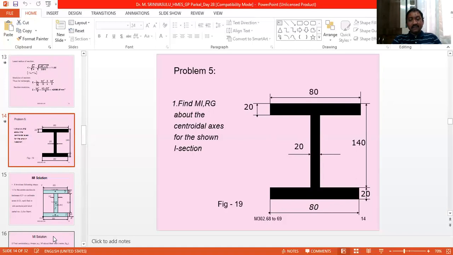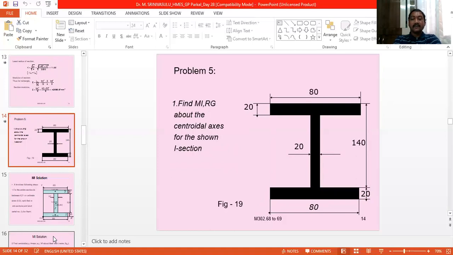The middle rectangle, the web, has a thickness of 20 millimeters, that is the width, and the height is 100, because the 140 is up to only the bottom edge, so 100 by 20. Now this is the given rectangle.